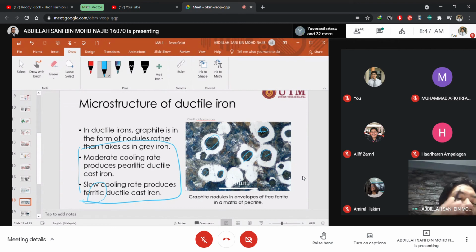If it is a little bit faster, or moderate cooling rate, it will form pearlitic. Pearlitic means there is ferrite and cementite, alternating in lamellar structure.